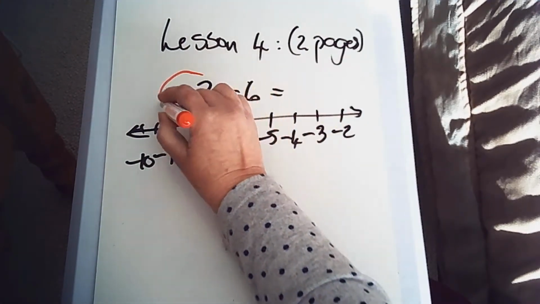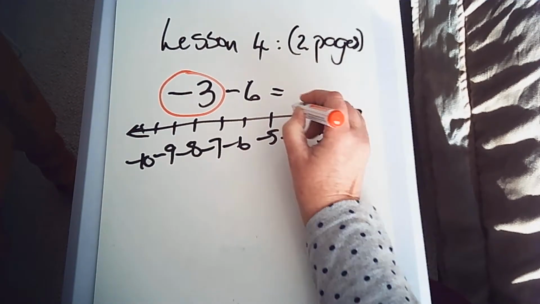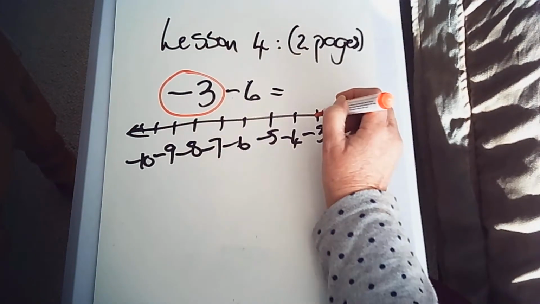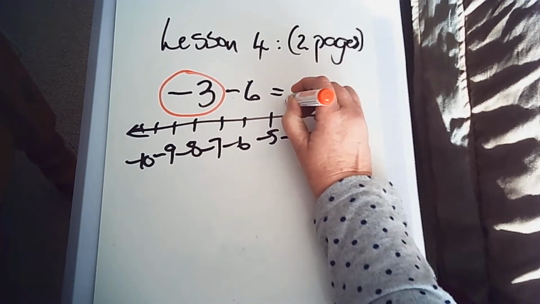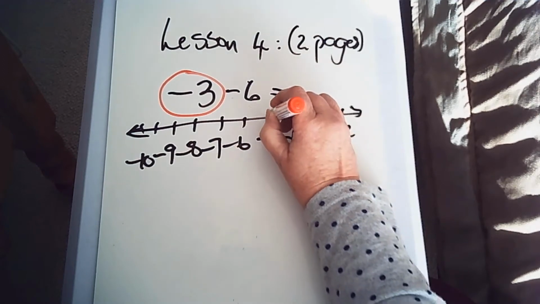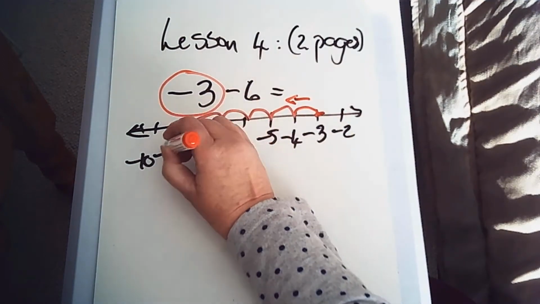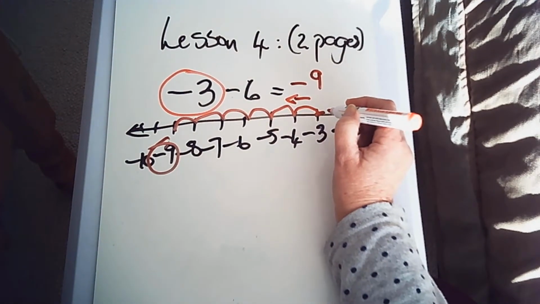So if I start with minus 3, and it says minus 6 more, I'm not going to go to the right, I've got to subtract. So I must go this way. So minus 6 more from here. 1, 2, 3, 4, 5, 6 more. And I minus 6 more and I end up in minus 9.